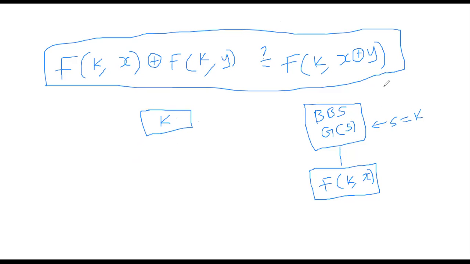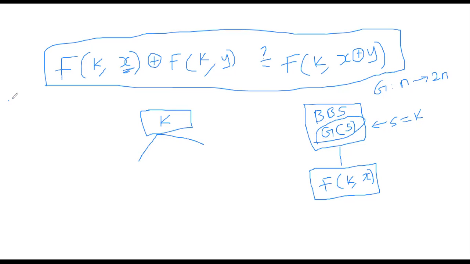Remember, g was doubling the length. So if we send in an n-bit number, it gives us a 2n-bit number as output. That's the purpose of the generator from the BBS logic. So given a key k of length n bits, we will get out 2n bits. What we do is branch depending on the value of x.